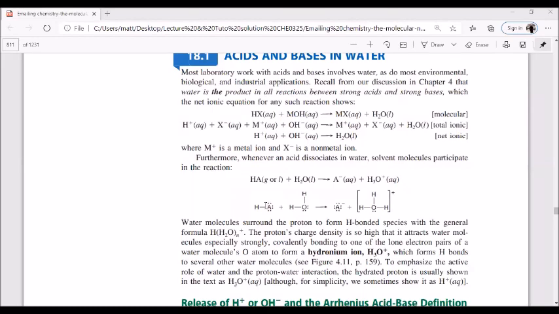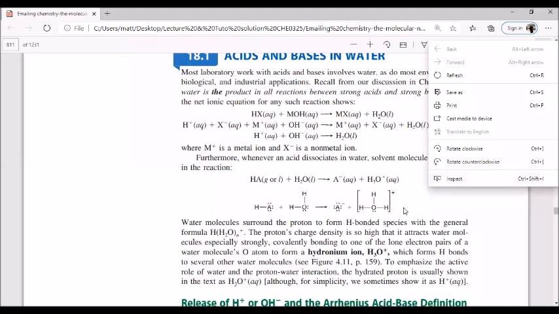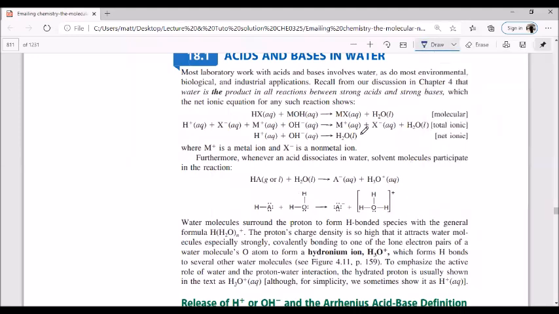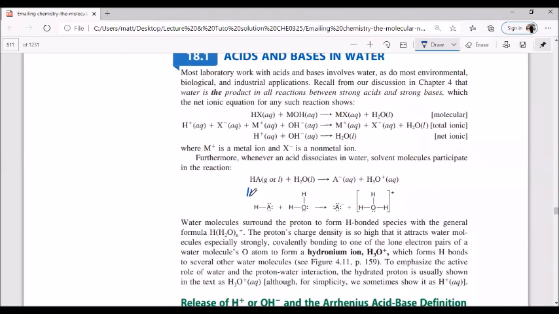Now on the A they have four lone pairs in this case. That's why they become a negative ion, with an extra electron. As the two electrons from the broken bond are gained by the A, H here becomes H plus.